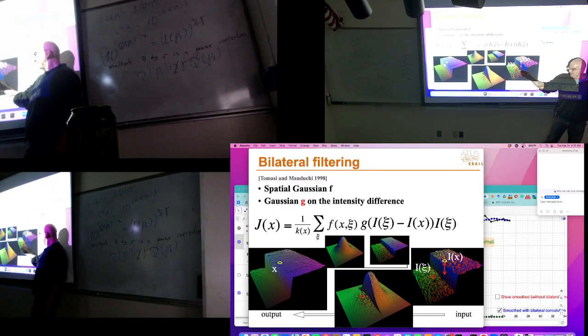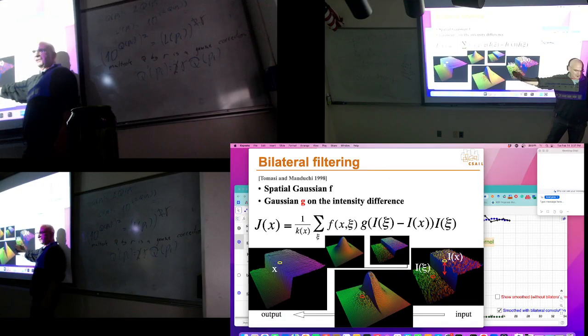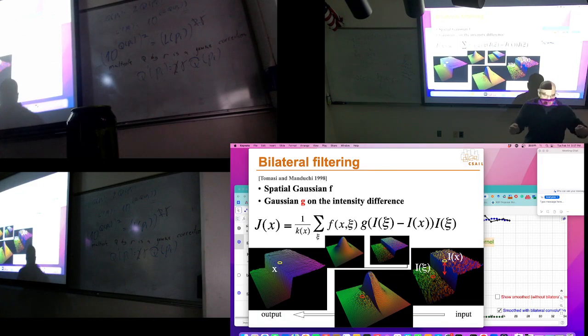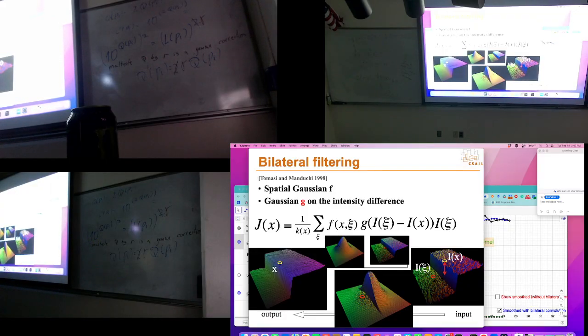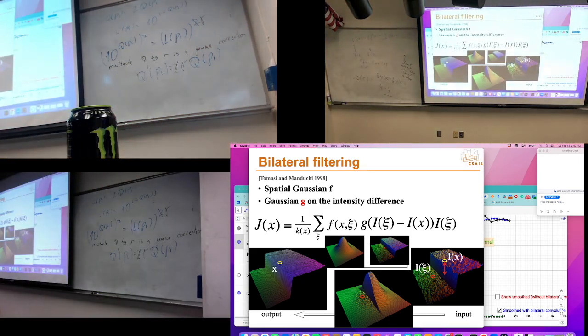It doesn't give any weights to points that are on the left side of the cliff. And it's nice because you didn't need any high level segmentation of the image into what are the right regions.